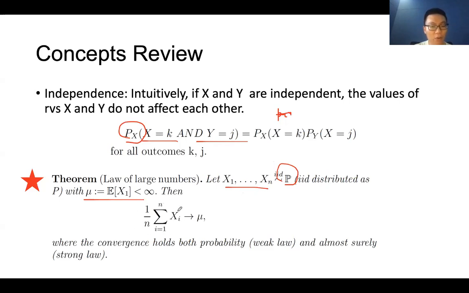If we have a random sample from that distribution, we take the sample mean. The sample mean is you just add all those values and take the average. That should approach its true mean. So intuitively, this theorem is very simple.